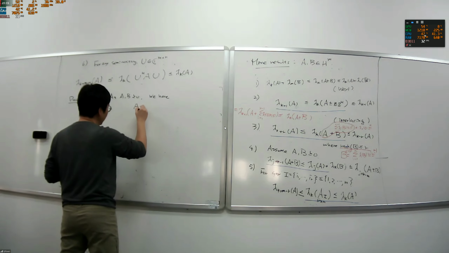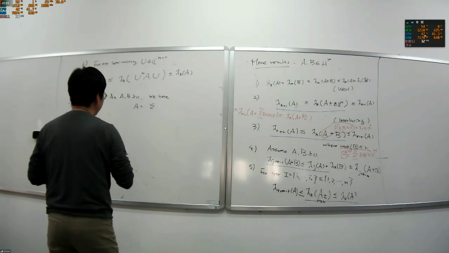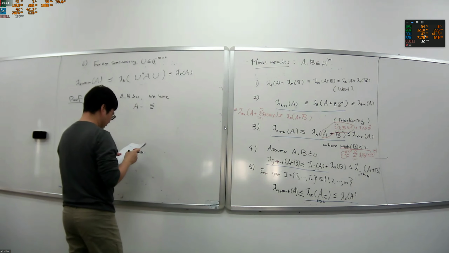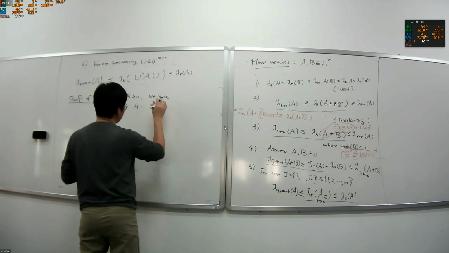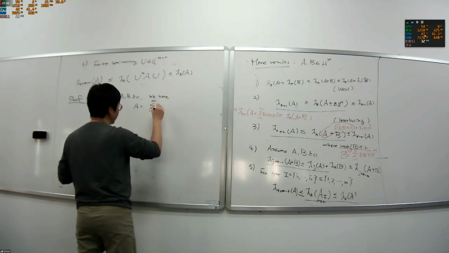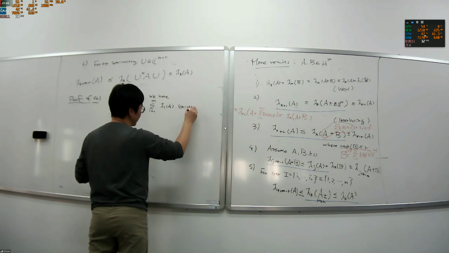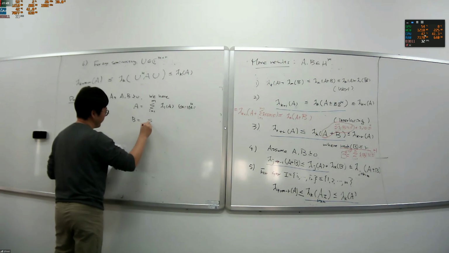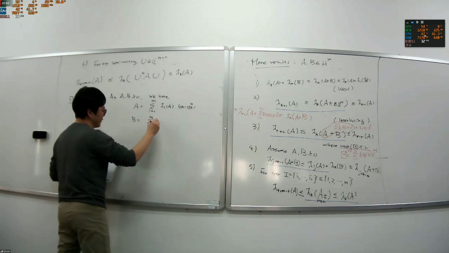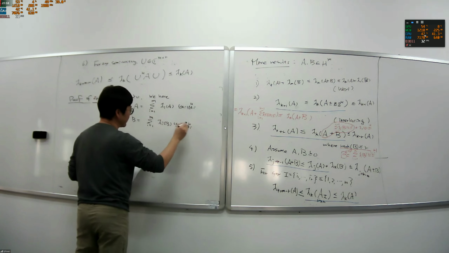So A can be written as the sum of lambda i A, U A i, U A i Hermitian, and B as the sum of lambda i B, U B i, U B i Hermitian.